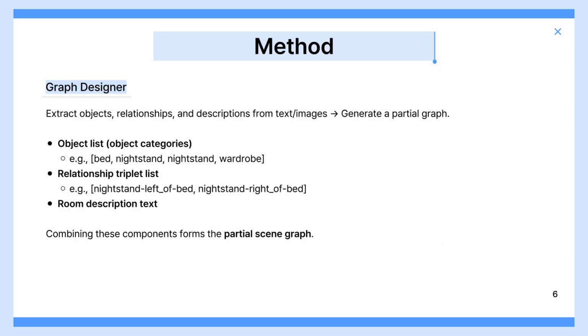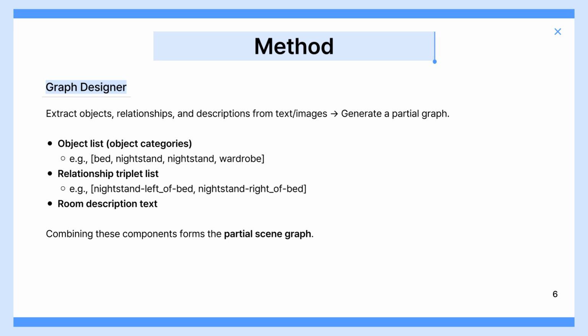The Graph Designer extracts 3 kinds of information from the input. The first is a list of objects. For example, the model may identify a bed or 2 nightstands and a wardrobe. The second is a list of spatial relationships. For example, a nightstand may be to the left of the bed and another may be to the right.